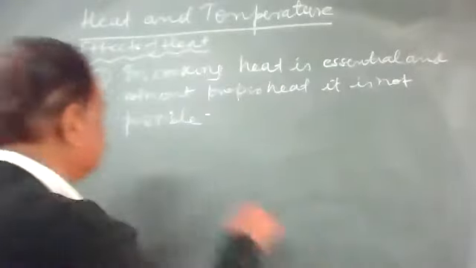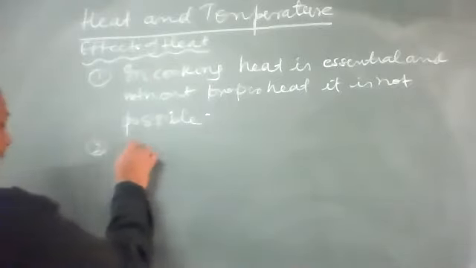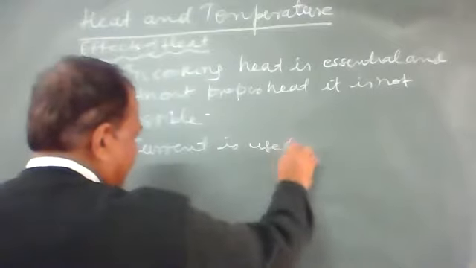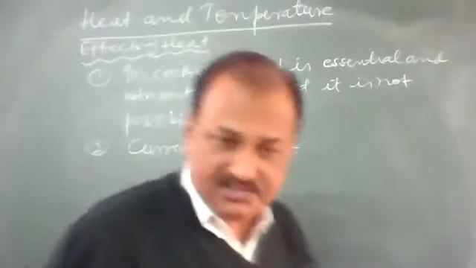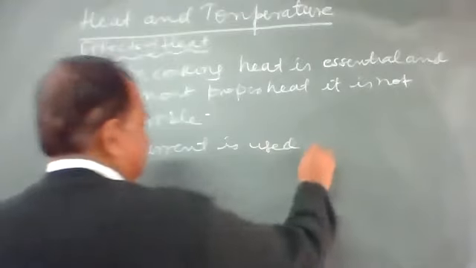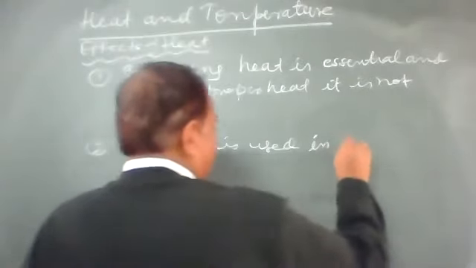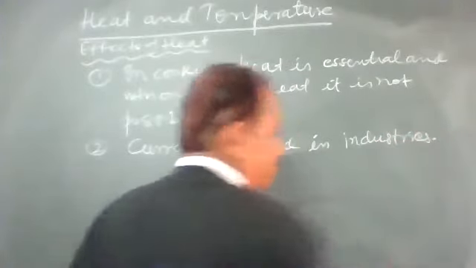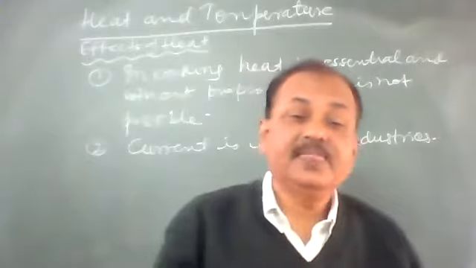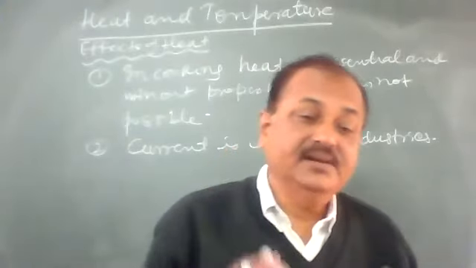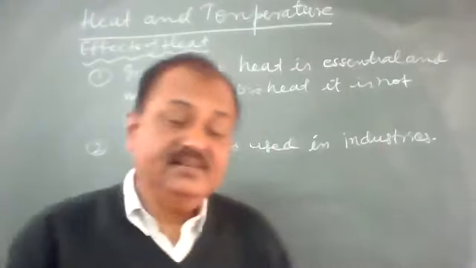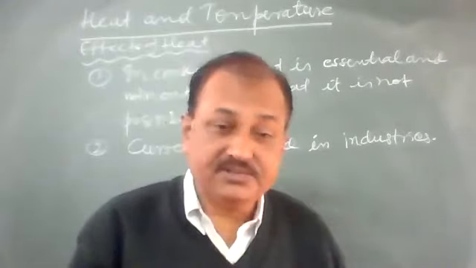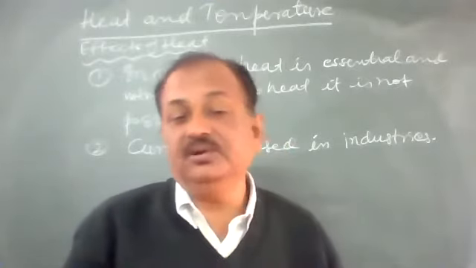Now second, current is used. Current, or you may say current electricity, is used in industries. All the industries, like cement industry, steel and iron industry, making of buses, cars, clothes, are based totally on electricity.